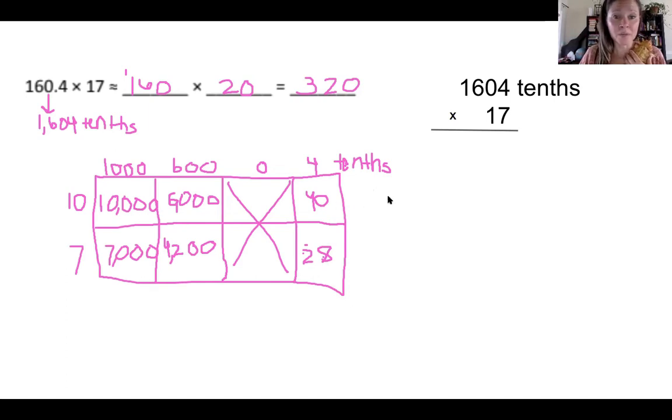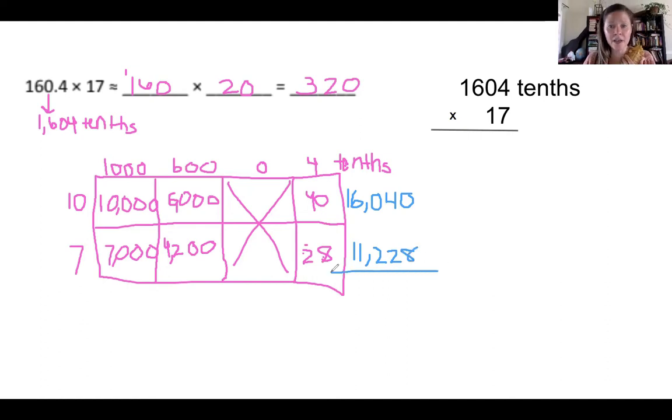So we have 10,000, sorry, that's going to be 16,000 because we have 1 in the 10,000s place, 6 in the thousands place, and then 40: 16,040 here. Partial products, that's what we're doing right here, getting our partial products. And then we have 7,000 plus 4,200 plus 28, that's going to be 11,228.